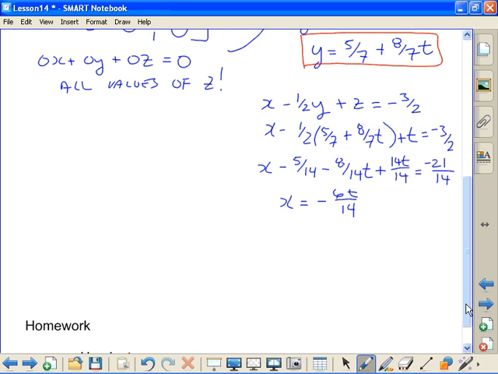And add 5 to both sides, we end up with -16 over 14, and of course they reduce to 3/7 t, and then the other one we can reduce to 8/7. So there we go. So there's your x value.